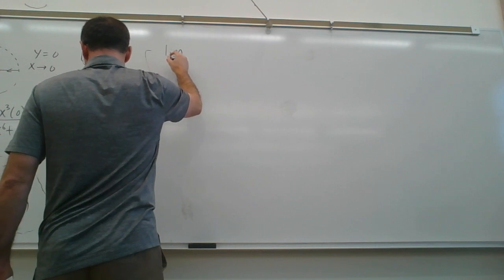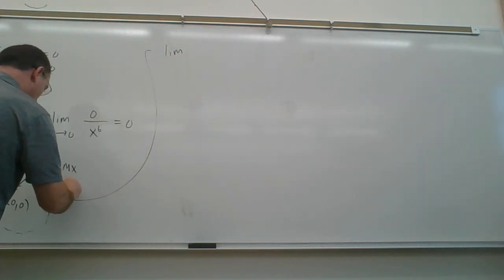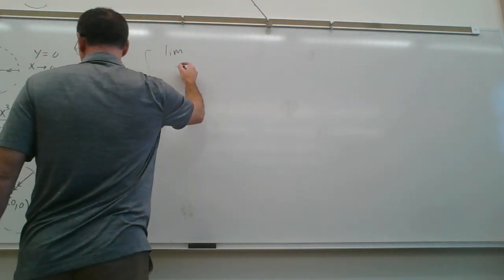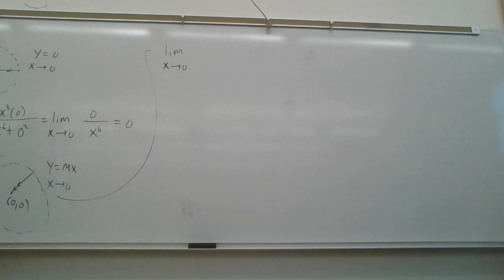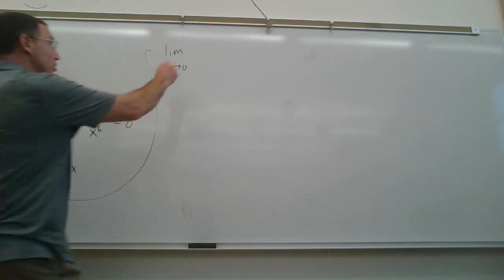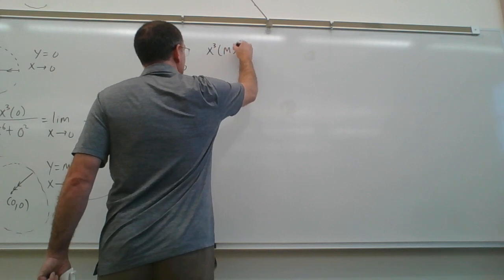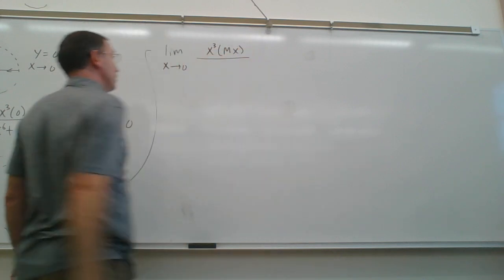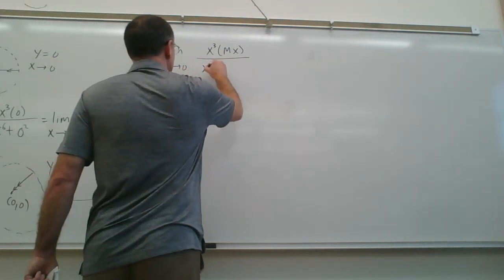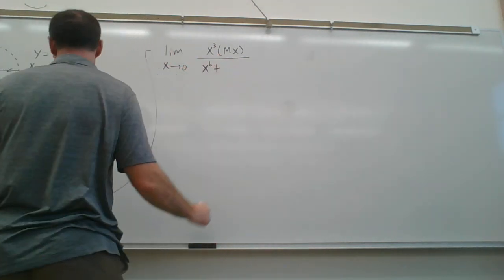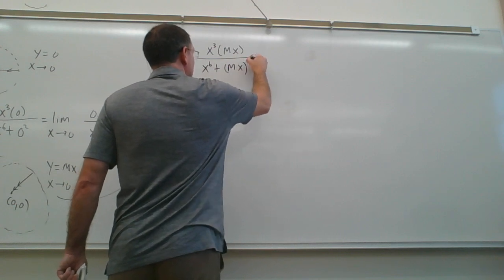So now x is going to 0 and y is equal to mx. So in place of y, you can write mx. So the x cubed times y, but y now is mx, over x to the 6th plus y squared, so the mx squared.